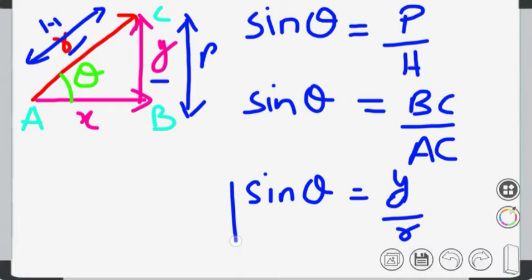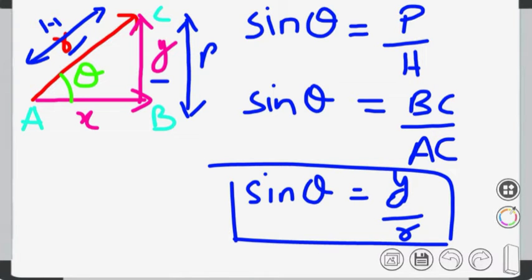And from this formula you can calculate sine.